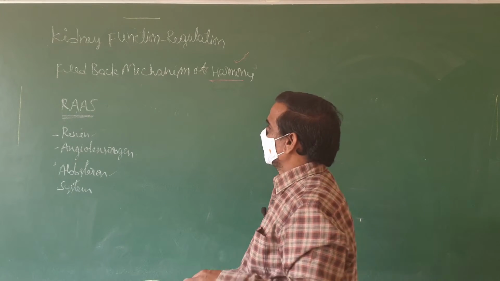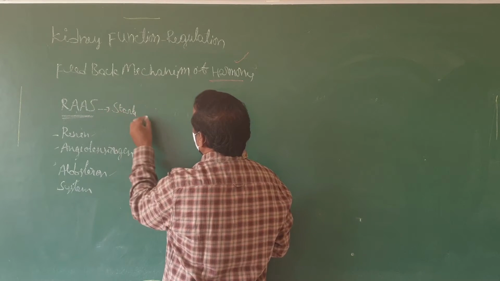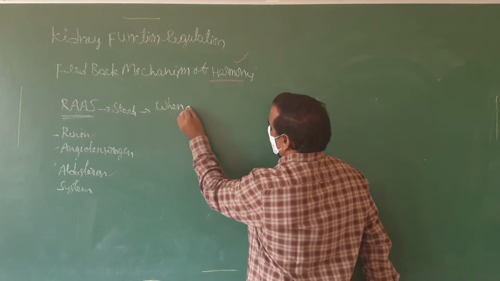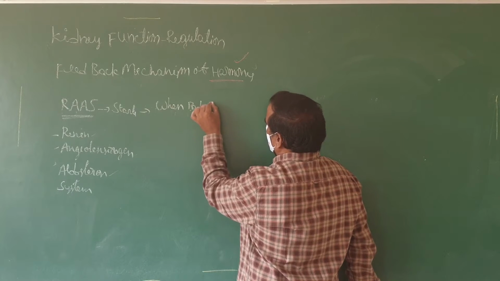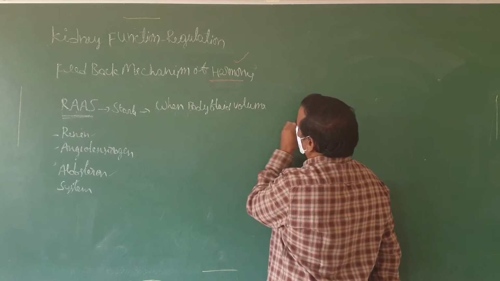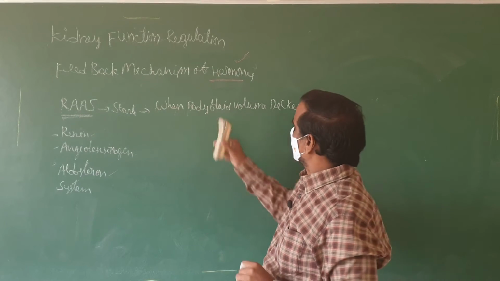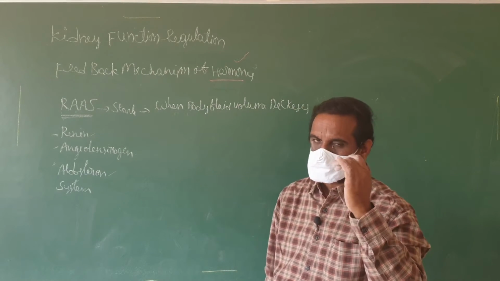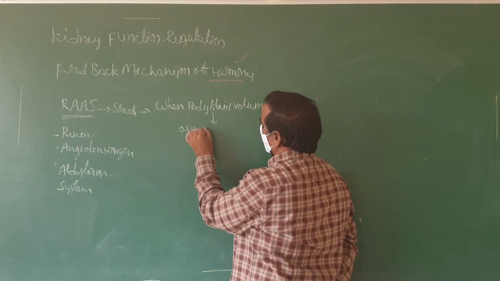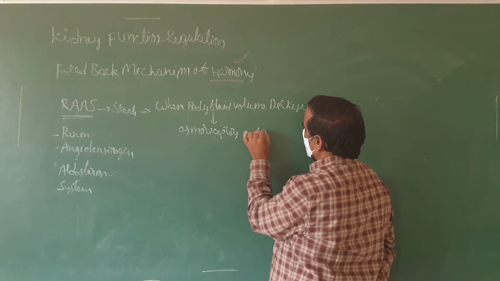How does this RAS mechanism work? The RAS mechanism starts when body fluid volume decreases. Whenever body fluid volume decreases, osmoreceptors get activated.